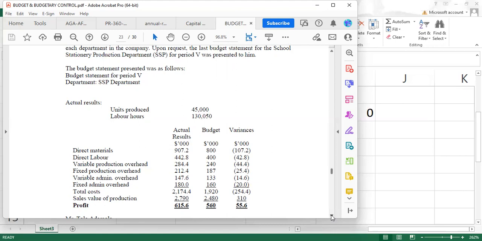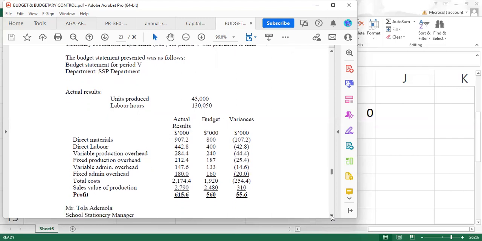We have variable admin overheads. The actual is 147.6. The budget is 133, and then the variance is 14.6. We have fixed admin overhead. The actual is 180, the budget is 160, and then the variance is 20, which is negative. Then we have our total cost, which is 2,174.4.